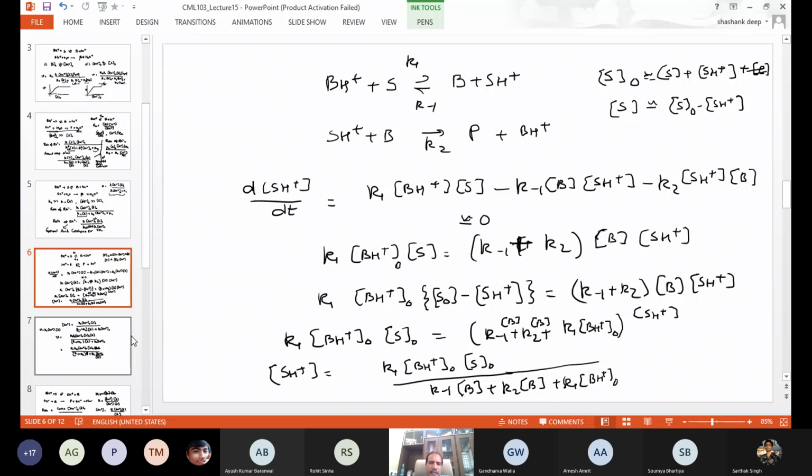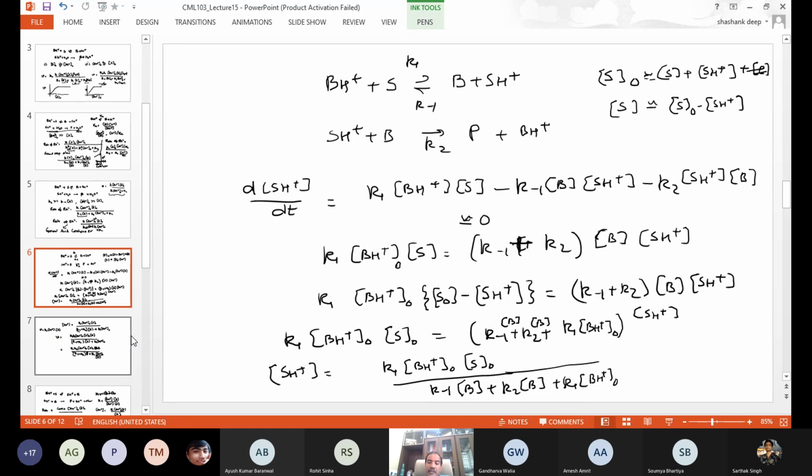A lot of organic reactions are catalyzed by either H plus ion or BH plus ion. So it is either specific acid catalyzed or general acid catalyzed reaction, and you now understand the difference between them.